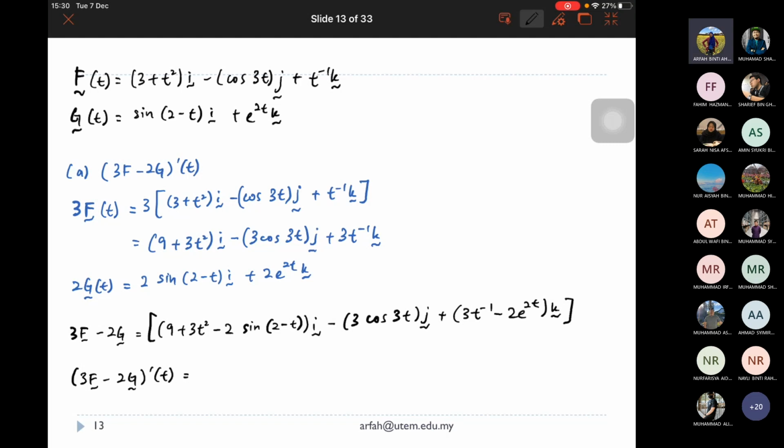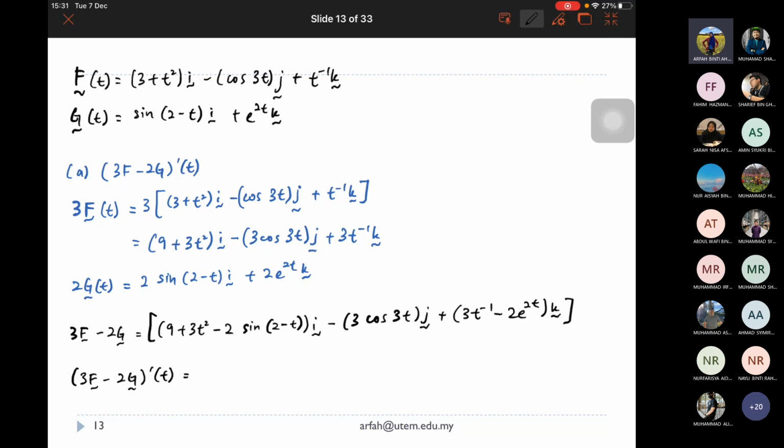Bezakan satu-satu terhadap i, j dan juga k. So, 9 tambah 3t squared.